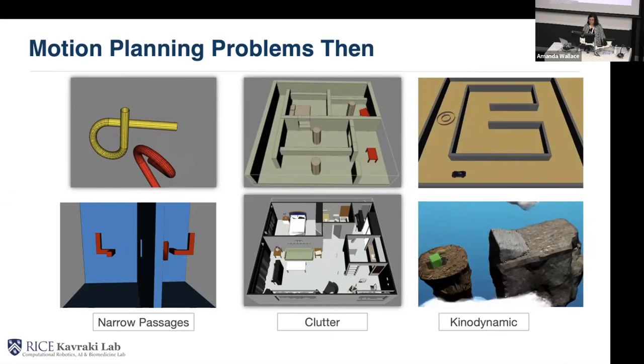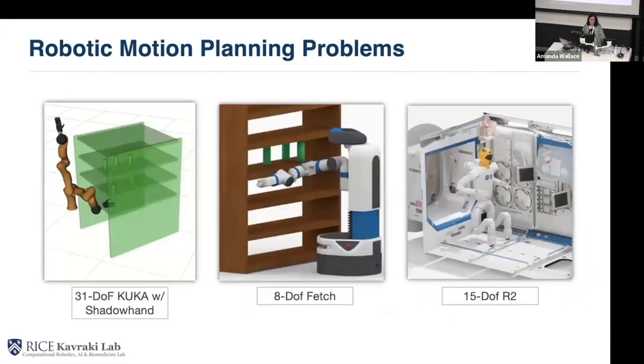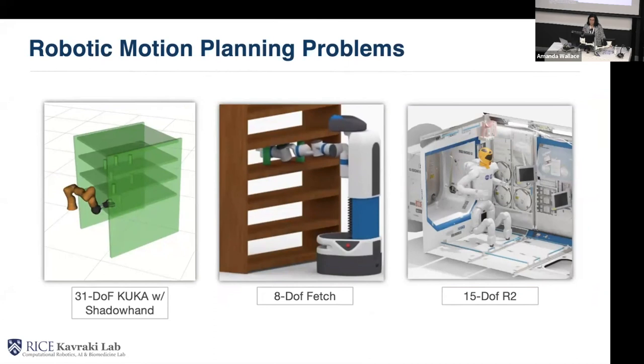So there is a big area, and many people have worked on the topic of motion planning for many years. Today, we see mainly a focus on systems with high numbers of degrees of freedom, like the ones that I'm showing here. Look at this robot in the middle. It really goes through a narrow passage in the space, and it is a difficult motion planning problem to execute, even when you have a model of the robot and the environment.